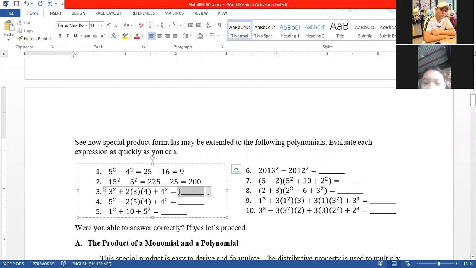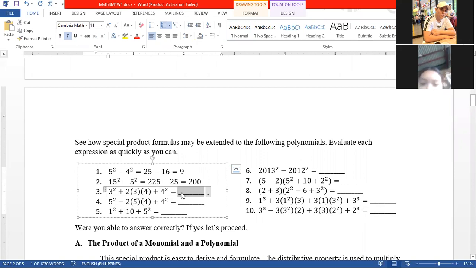Okay, for number 3. 3 raised to the power of 2. So, 3 times 3 is 9. Plus 3 times 4, 12. Times 2 is 24. Plus 4 squared is equal to 16.